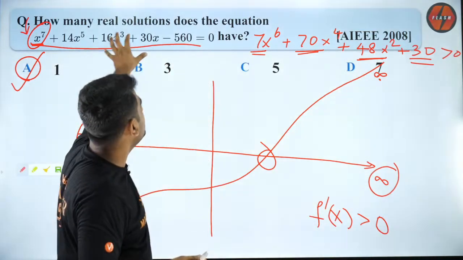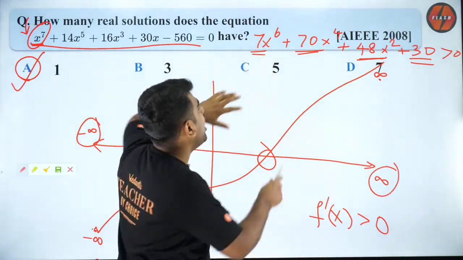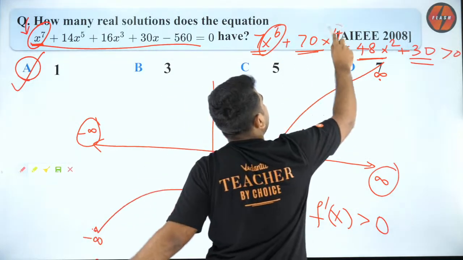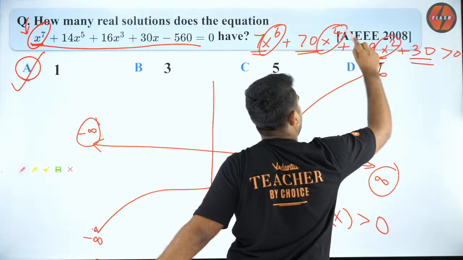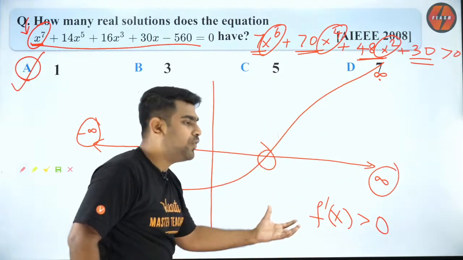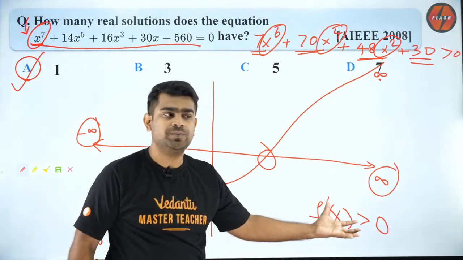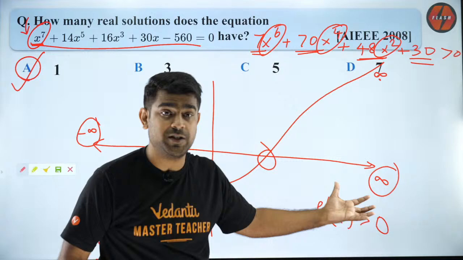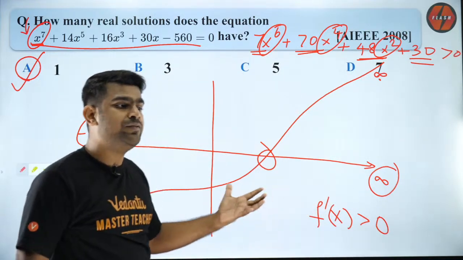When I found the derivative, I saw that all powers of x are even. Even powers of x are always positive, so f'(x) is greater than 0, which means it's an increasing function.